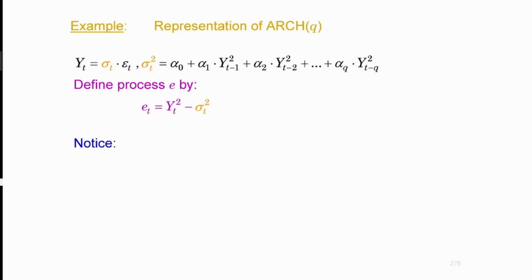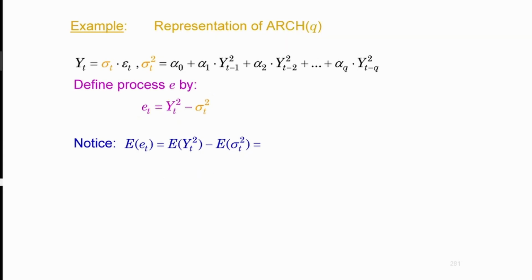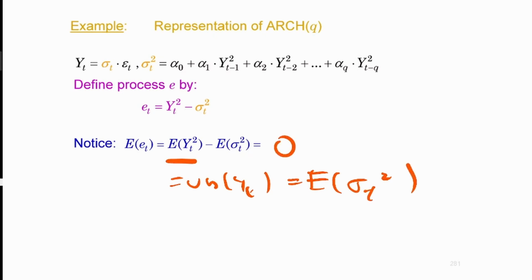But at least the expectation of that is simply the expectation of the whole thing, and the expectation of a difference is equal to the difference of the expectations. Since this expression is equal to the variance of the process, and the variance of the process is equal to the expectation of sigma squared, this thing is going to be 0. That is obvious.